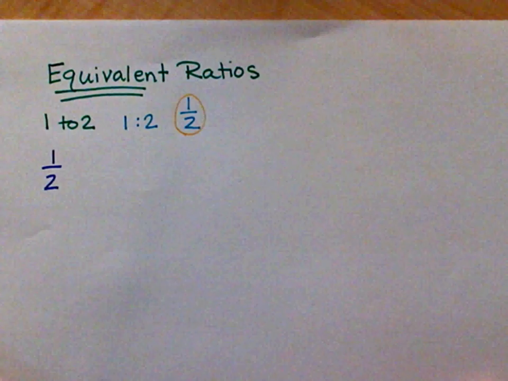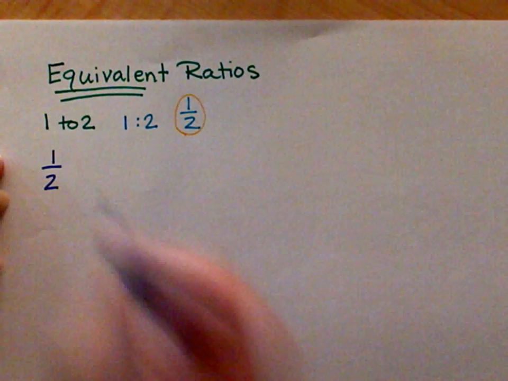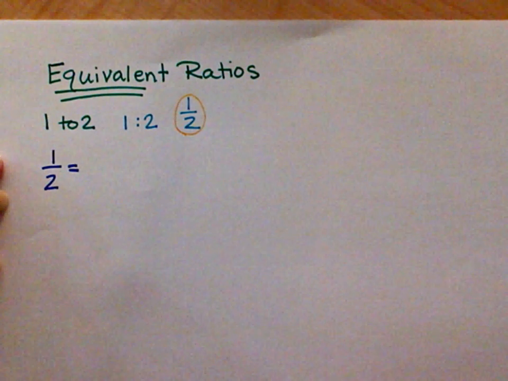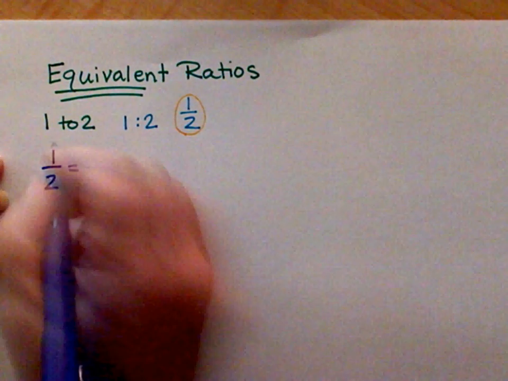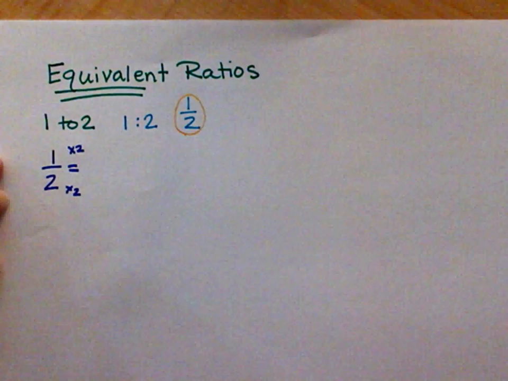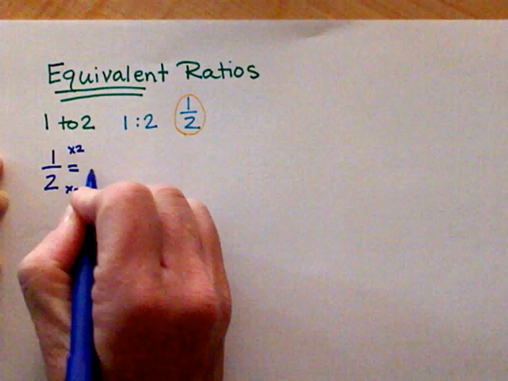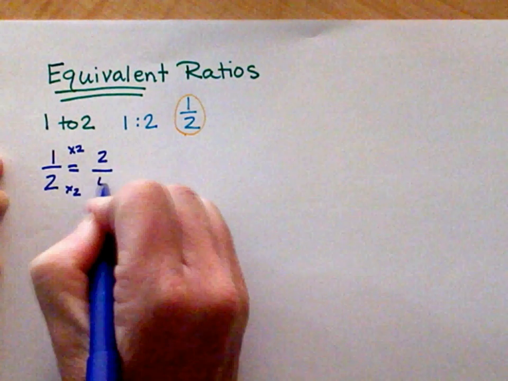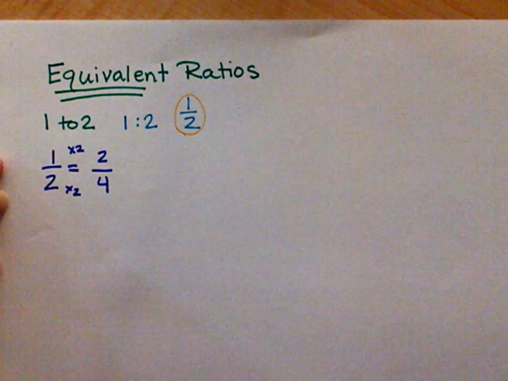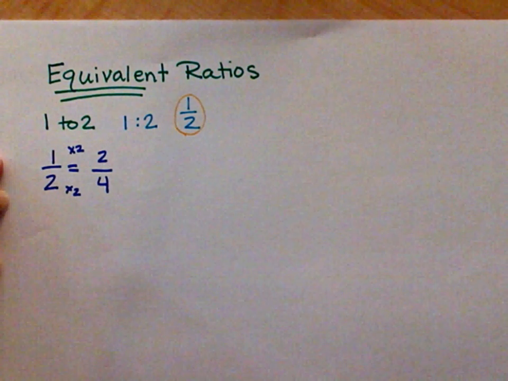If I start with 1 to 2, I want to build this table and make equivalent ratios, just like equivalent fractions. I would start with a multiplied 2 on the top. If I multiply by 2 on the top, I multiply by 2 on the bottom, and I would get 2 out of 4. 2 to 4 is equivalent to 1 to 2, just like a fraction.